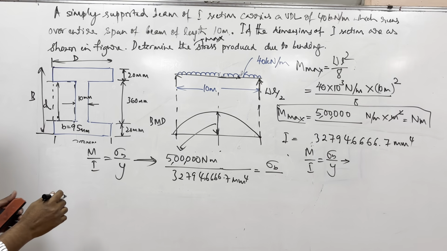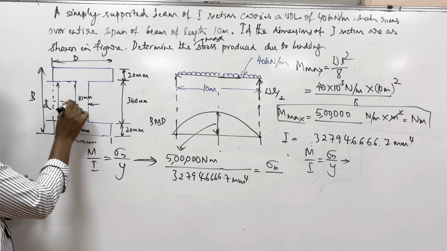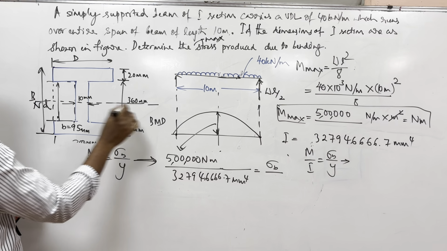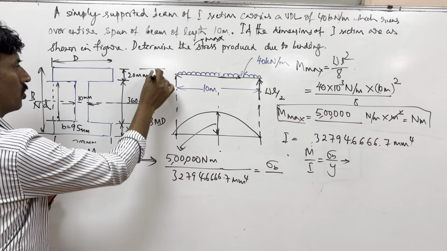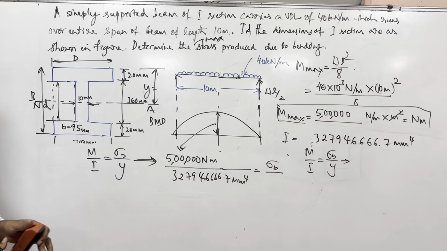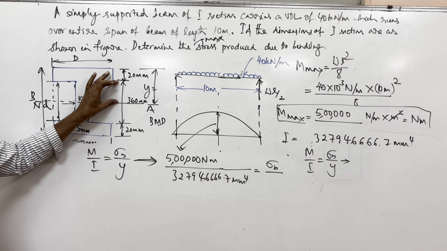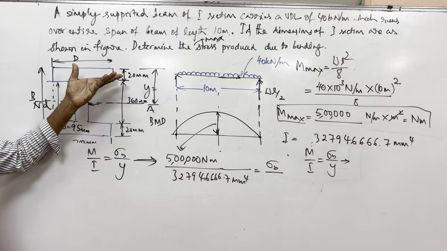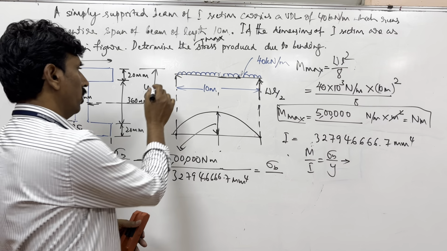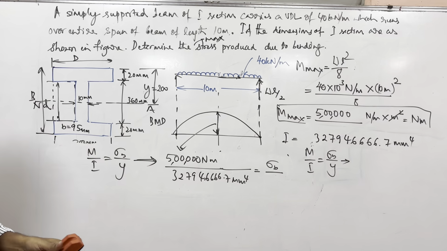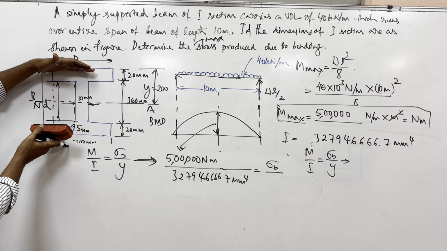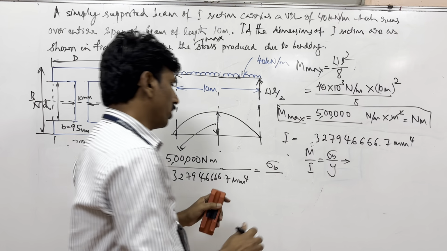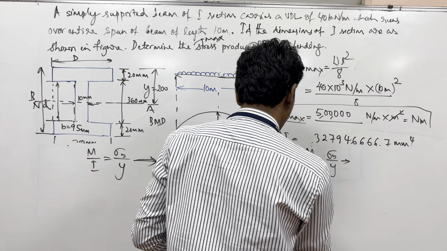Y is equal to how much here? From the neutral axis, which is here, to this edge, how much is y? It is D by 2, which is 200 mm.